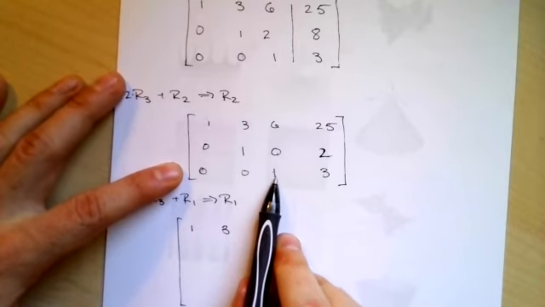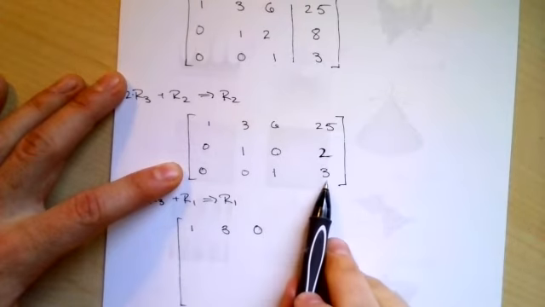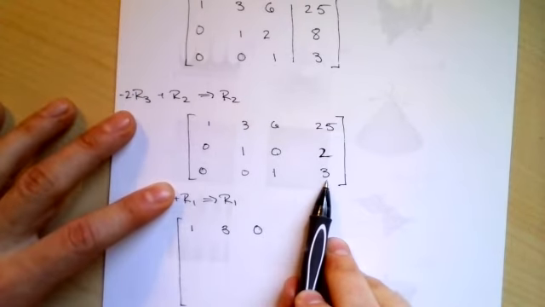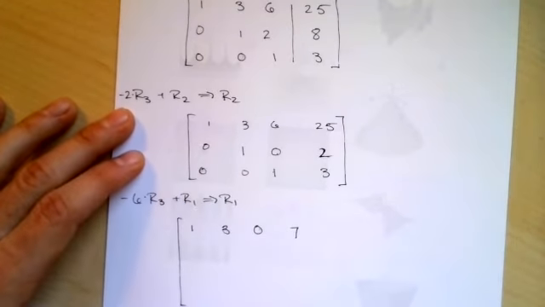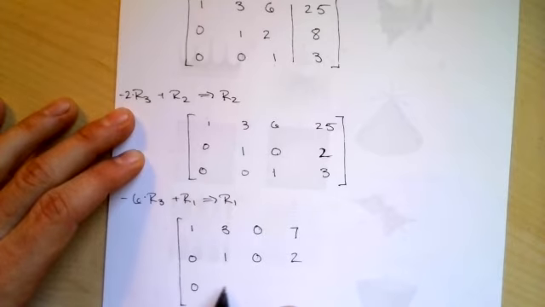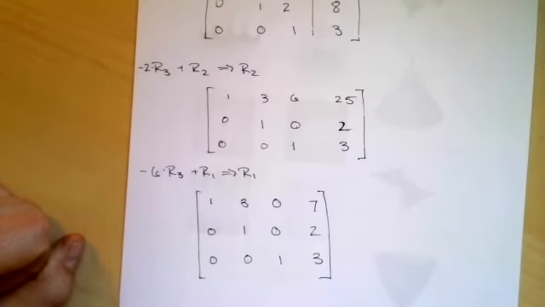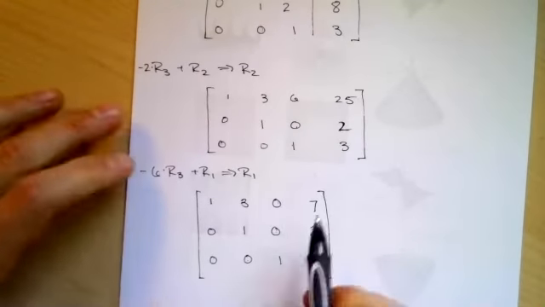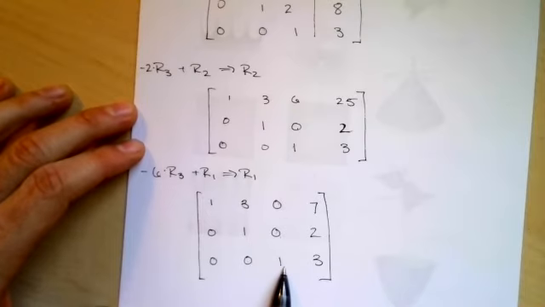And now minus 6 plus 6 will give me a 0 in that column. And then minus 6 times 3 gives me minus 18 plus 25, changes that constant to a 7. We didn't touch row 2. And row 3 still stays the same as well. Great, so we've got zeros all above the z column.